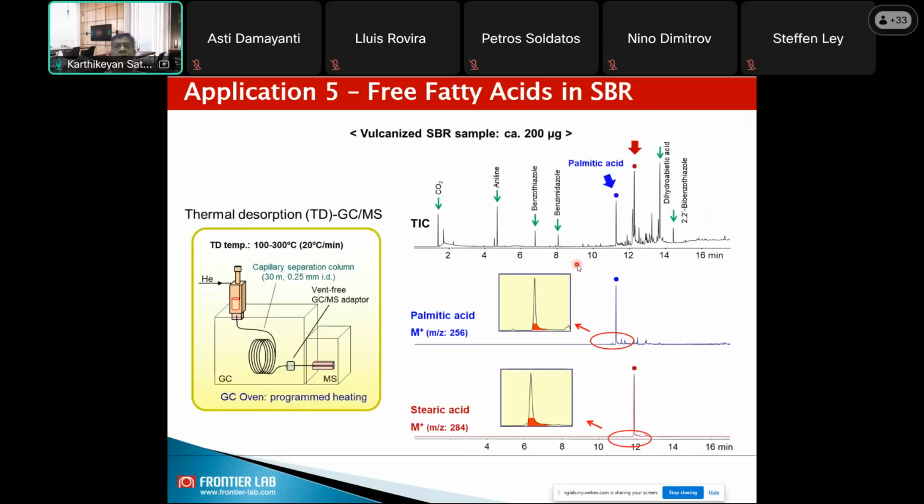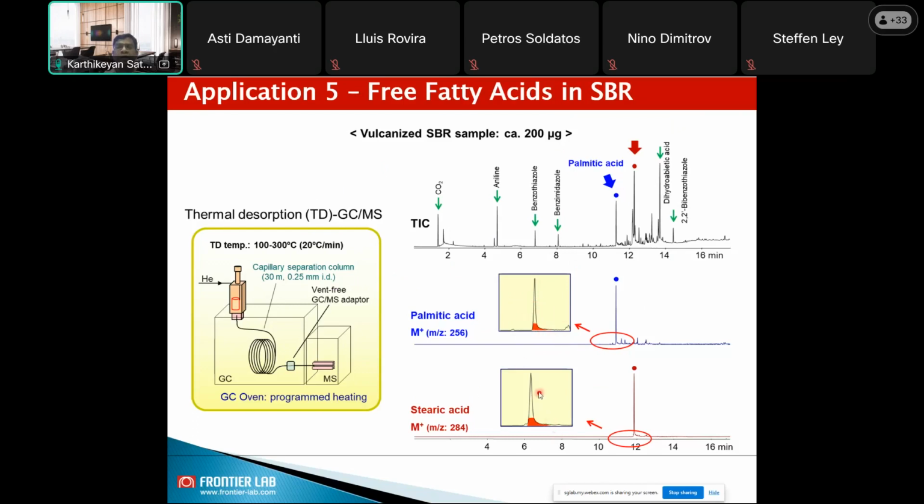Then you can see the comparison of the normal thermal desorption and the reactive pyrolysis to see the benefit. In this case, although the normal thermal desorption data provide a peak for palmitic acid and stearic acid, if you look very closely at the peaks, they are not very baseline resolved.